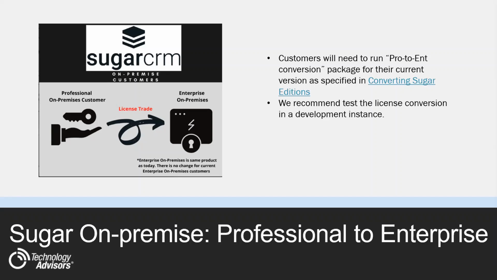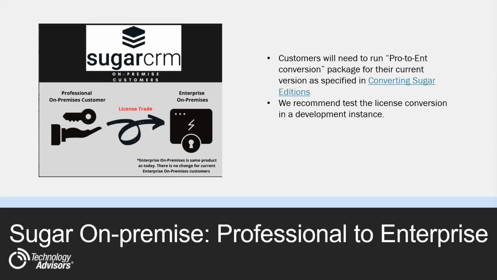The upgrade wizard will allow your administrators to easily convert that instance from Professional to Enterprise. And we do that just via a conversion zip file. Before running this conversion, it's always recommended to take a backup of your system and your file directory, just in case any issues do happen through that conversion process.